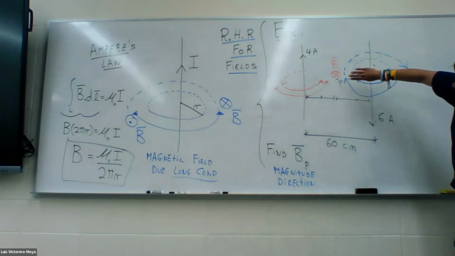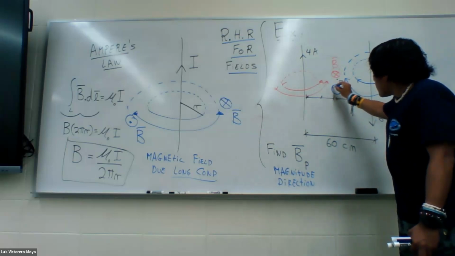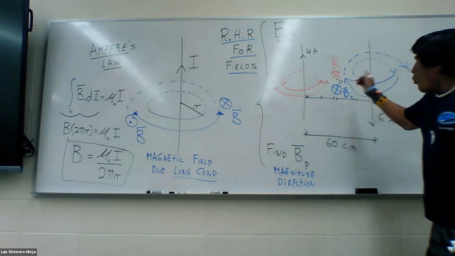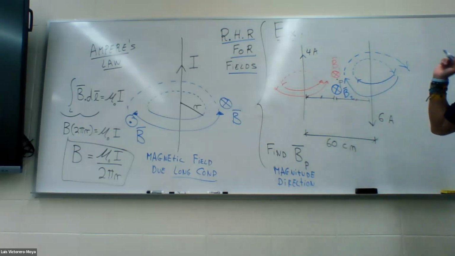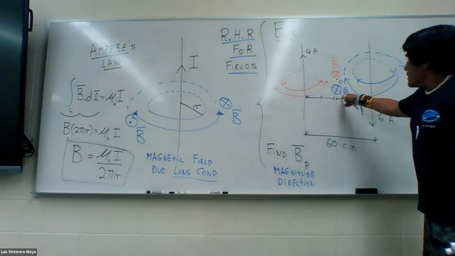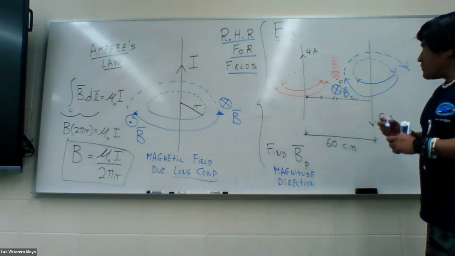So also for this, it's going into the page. That's B2. Why do I need to do that? Because now I know that they both are going into the page, so I have to add their magnitudes. Now let's find the magnitudes.